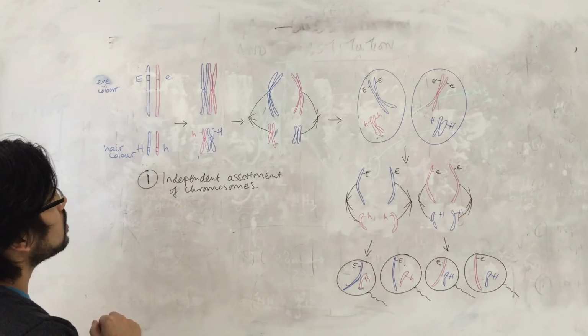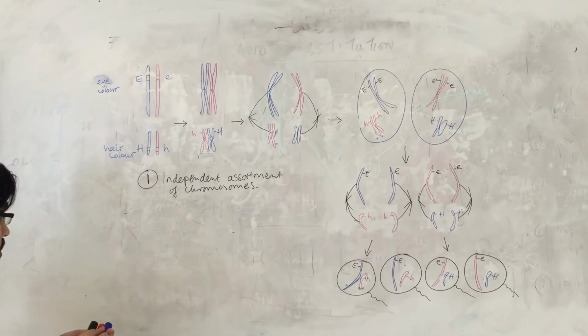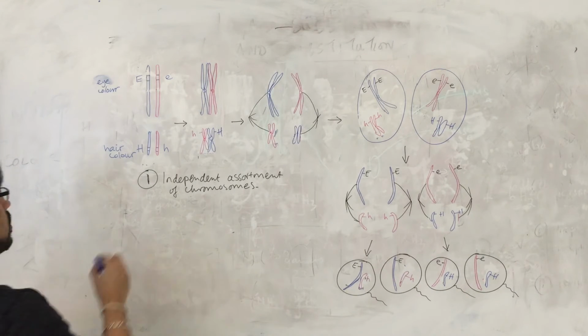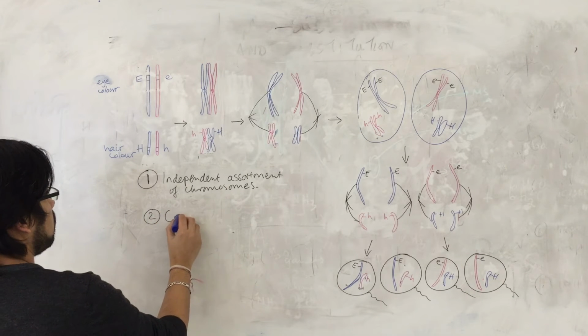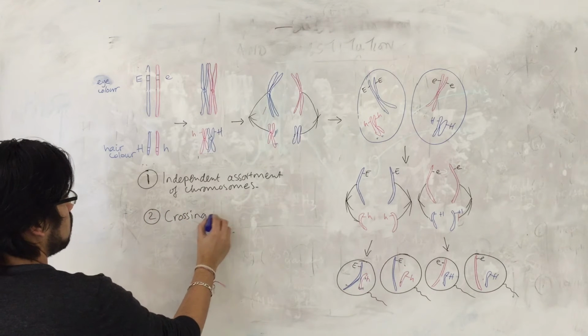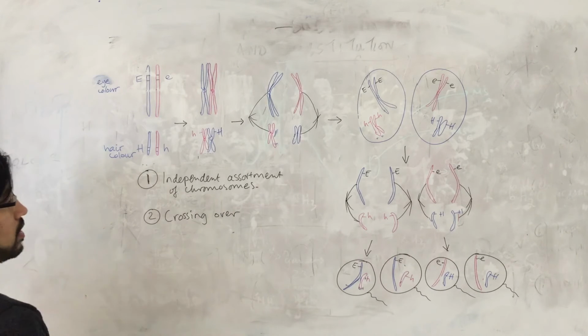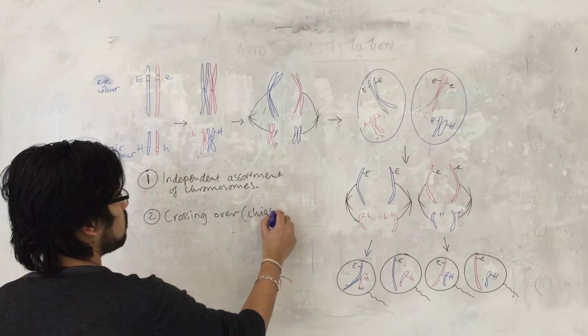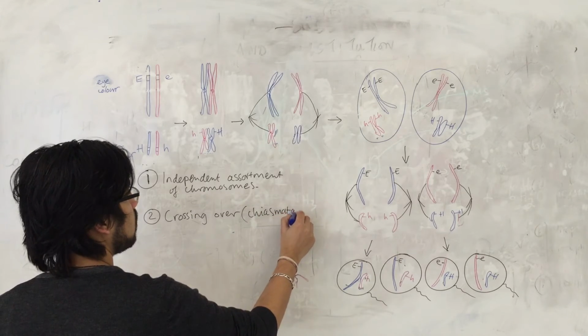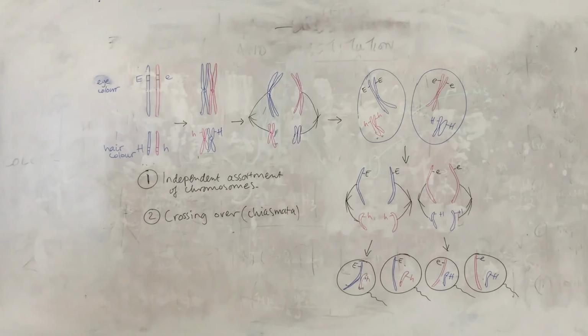Now, the other thing that could happen is crossing over, or chiasmata forming. Okay, so crossing over via the formation of chiasmata. Okay, all right.